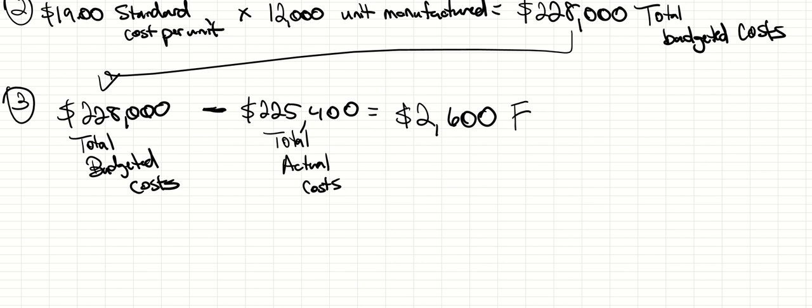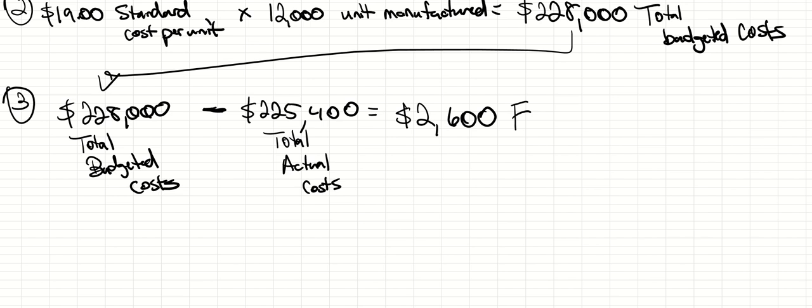And I'm going to put F, the letter F, indicating favorable right next to 2,600. Now, if this was the other way around, if the actual cost was greater than what was budgeted, then this would have been an unfavorable variance. So again, we only are looking at cost.